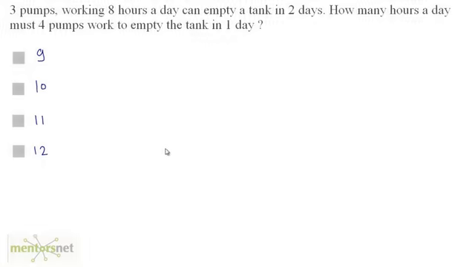3 pumps working 8 hours a day can empty a tank in 2 days. How many hours a day must 4 pumps work to empty the tank in 1 day? Now we have the number of pumps and the total hours to complete. So we have 3 pumps working 8 hours a day for 2 days to empty the tank.